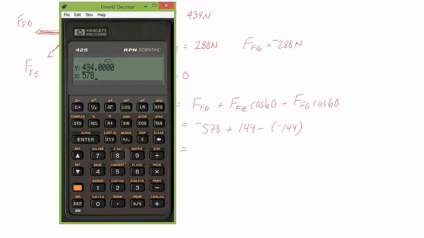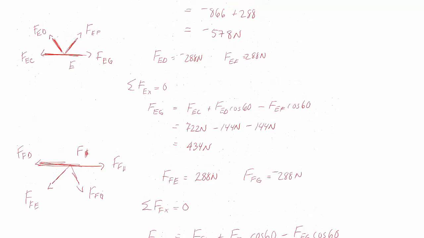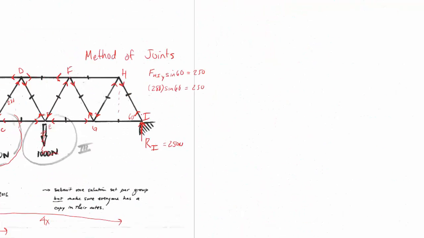So we got 578, 288. Subtract that, get negative 290. And that is in compression. Interesting.